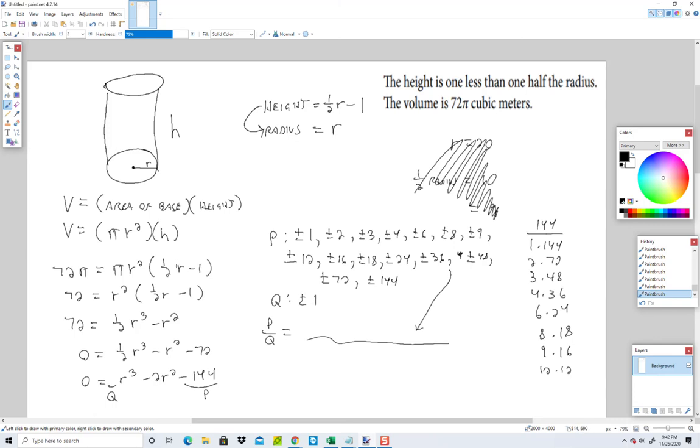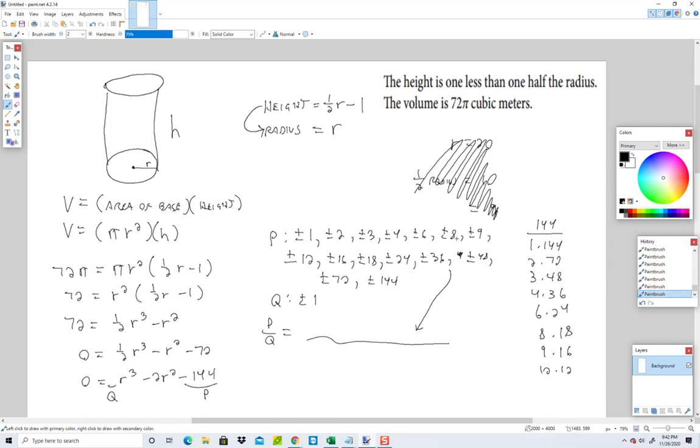Now let's think about this. Ignoring the pi's, if I take r squared times half of r, that should give me about 72. 24 squared would be pretty big. 18 squared, 12 squared is 144. 9 squared is 81.